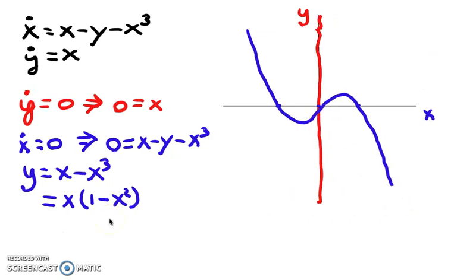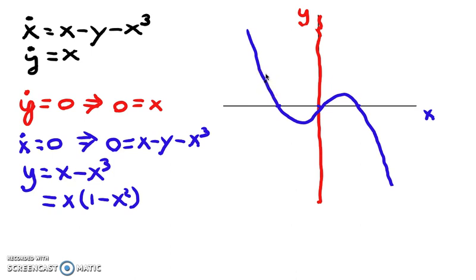So what next? Well, maybe one thing that we should remember is that the flow across the x nullcline must be moving in the vertical direction. So, for example, imagine that there was a solution at this point on the x nullcline. The definition of the x nullcline is that the rate of change of x is 0, and that means we can't move to the left or to the right.